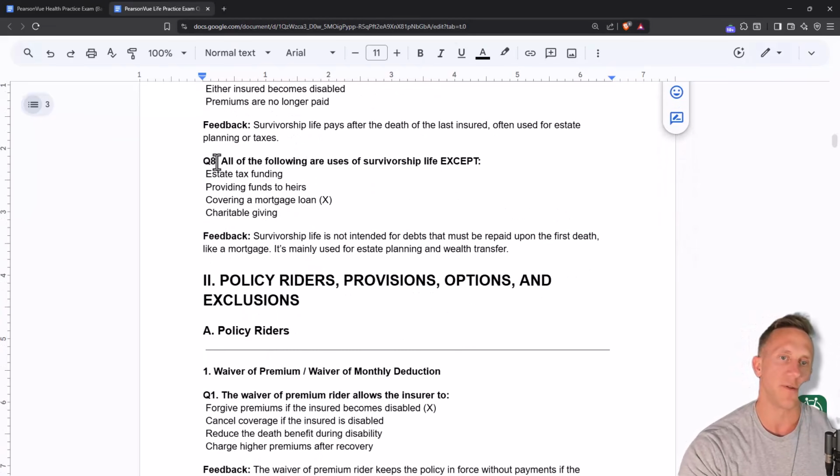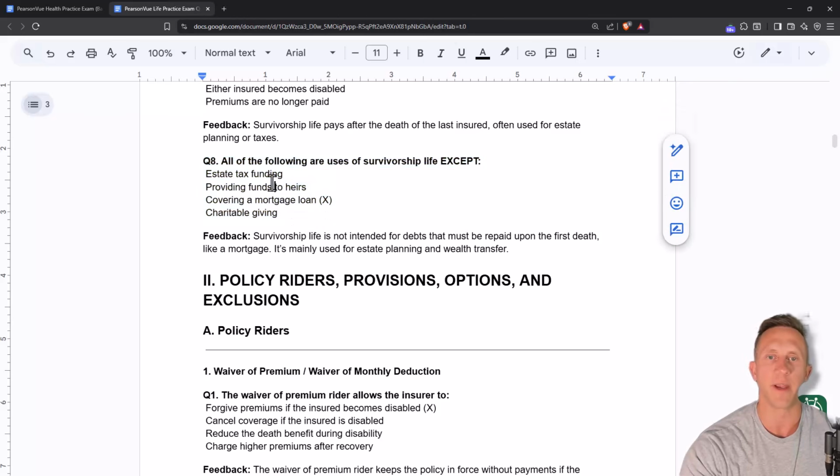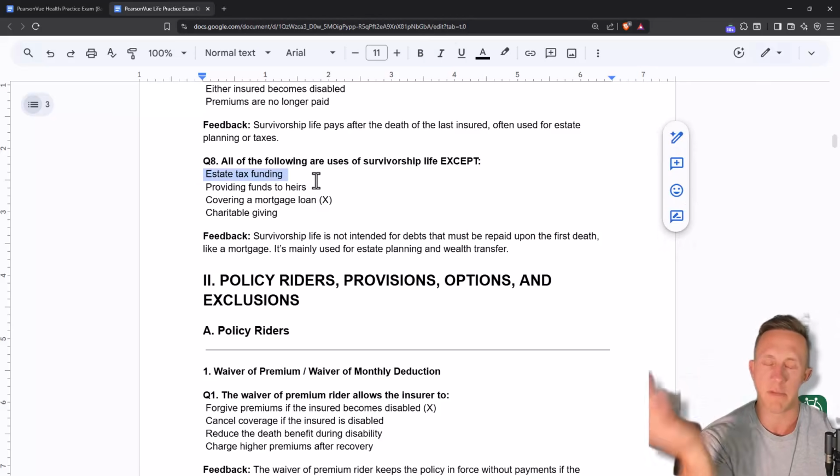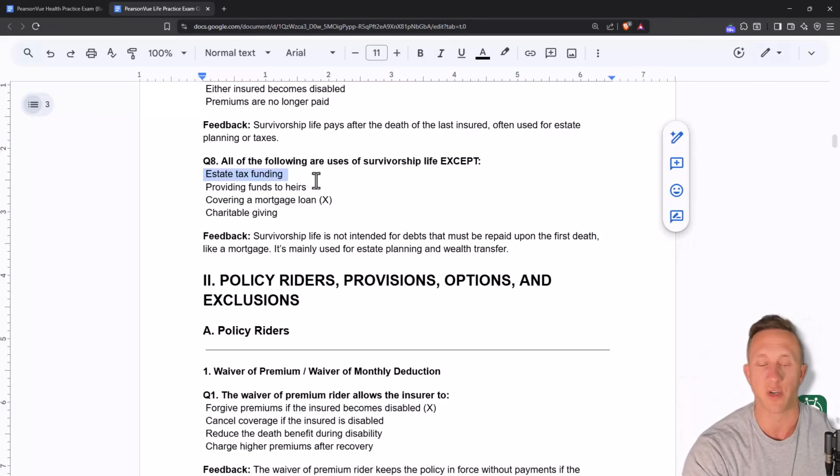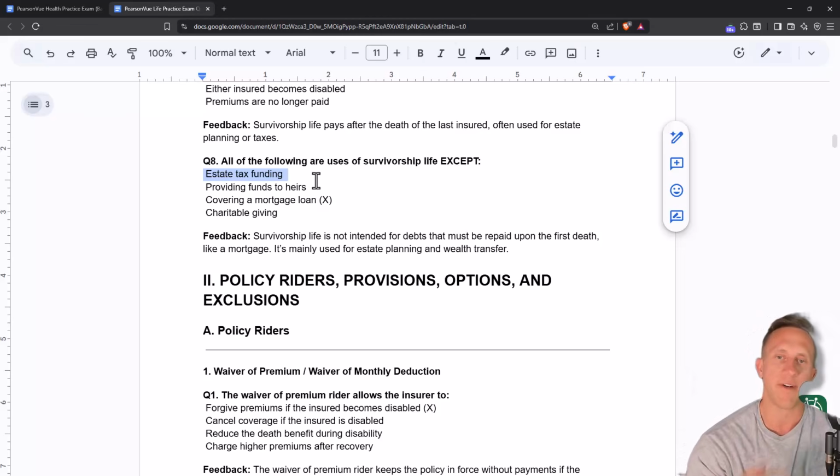This is a good one. So this shows comparison of a few different types of policies. All of the following are uses of survivorship life except estate tax funding. It can be used for estate taxes, for sure. If a husband and wife have a lot of money and they pass, they want to make sure that their estate taxes can be covered by life insurance. They still have to pay the tax, but the life insurance gives the money back. Providing funds to heirs.